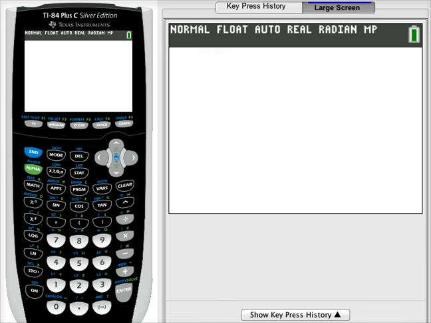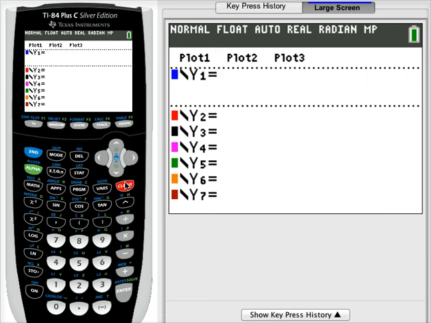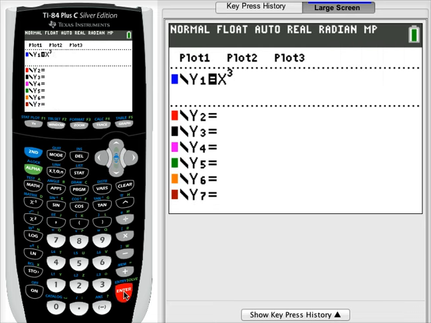So for that first one, I have x cubed plus x squared minus 6x. Remember to graph, I'm going to go into y equals. If there's anything there, just get rid of it. So x, now cubed is under math. So whenever you need a cubed, go to math and see that little cubed sign there.